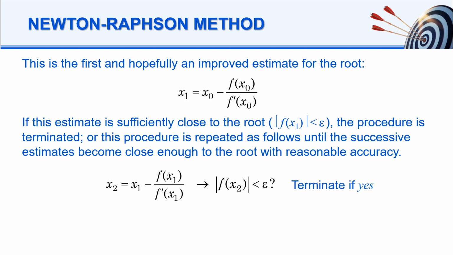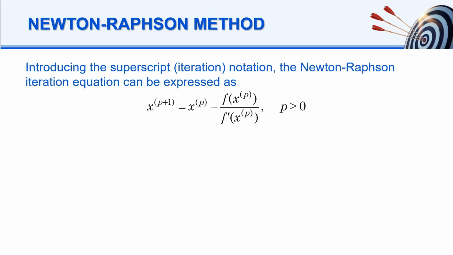If not, a new estimate, x3, is computed, and, in the same way, it is tested for convergence. Introducing the superscript notation, the Newton-Raphson iteration equation can be expressed as follows, where x^p denotes an estimate at the pth iteration step.